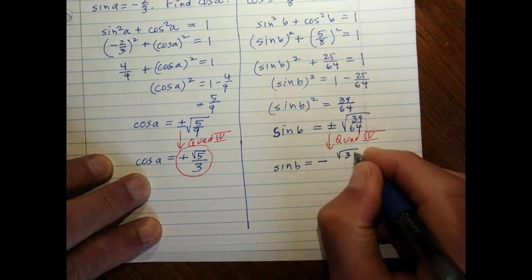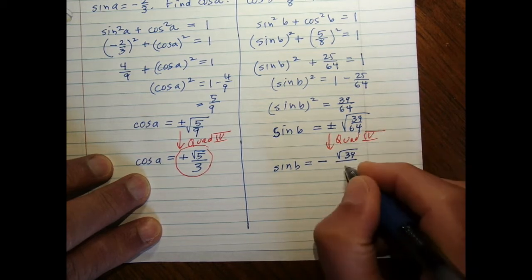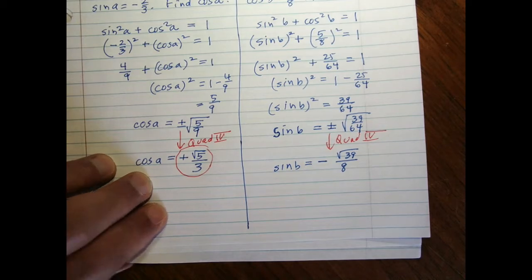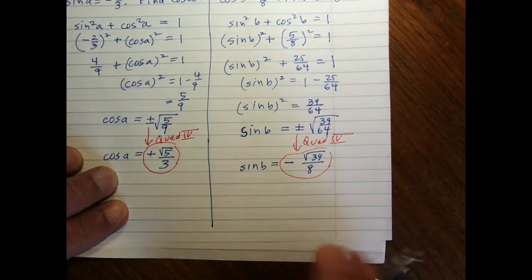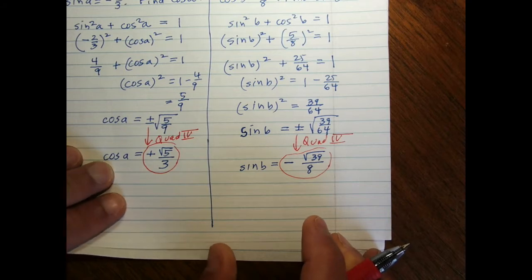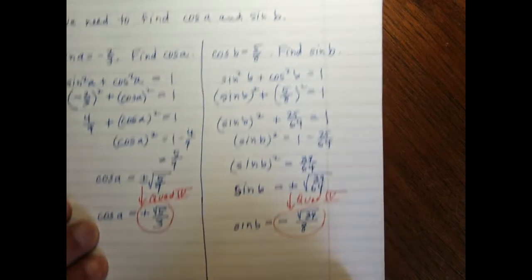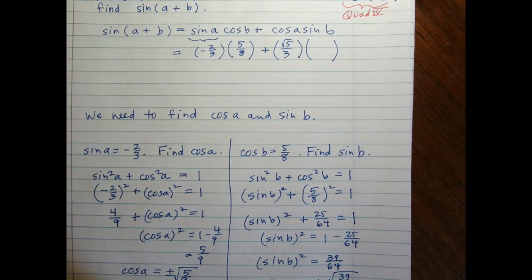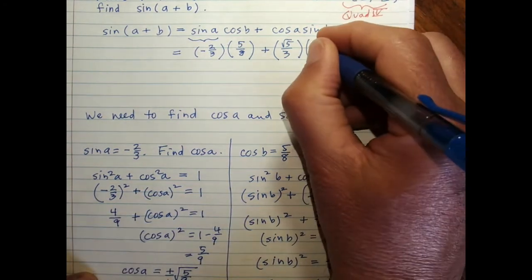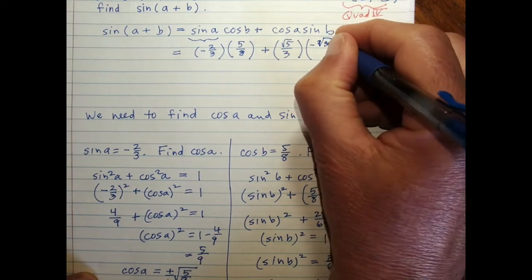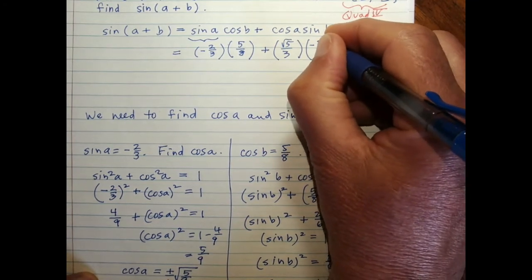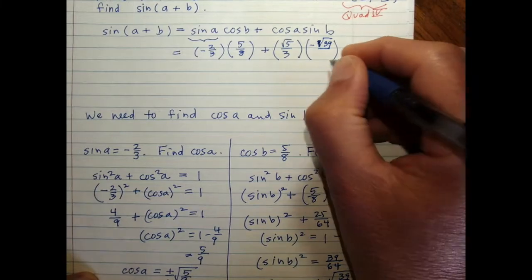Now square root of 39 I can't simplify, but square root of 64 below is 8. So kind of an ugly looking fraction there, but that negative square root of 39 over 8 is what I'm going to plug in up above for sine B. A negative square root of 39 over 8.